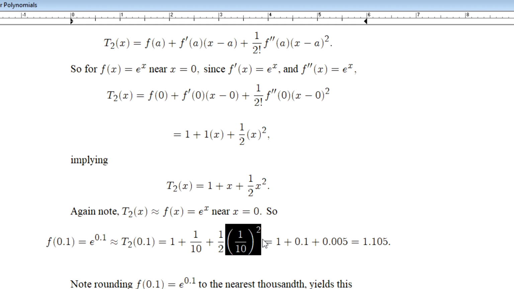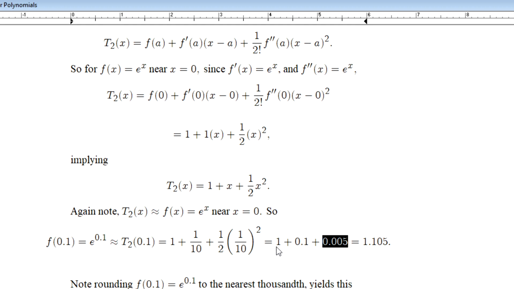Now, 1/10 quantity squared is 1/100th. Times 1/2 is 1/200th. So this third term we're adding on is 1/200th in value. Converting that back to a decimal is just 0.005. That is 5 1,000ths, which is equivalent to 1/200th in value.